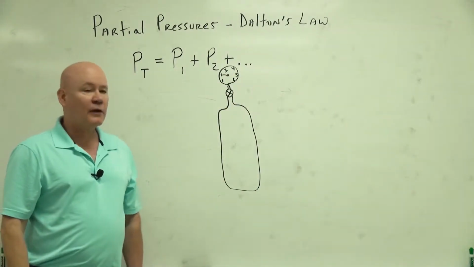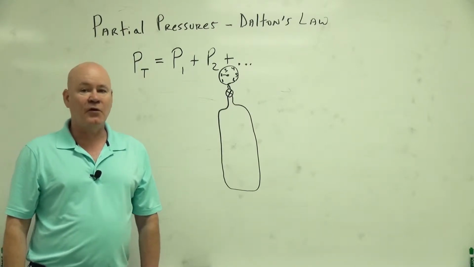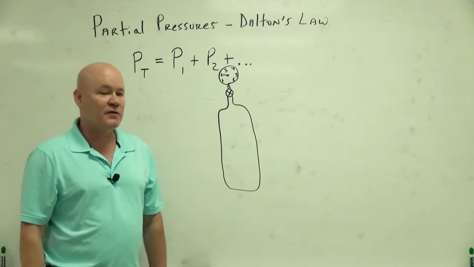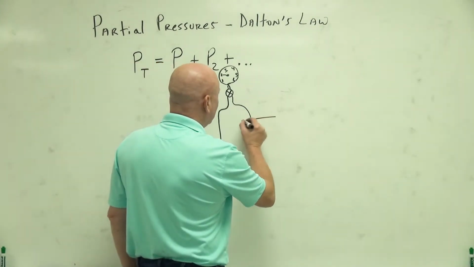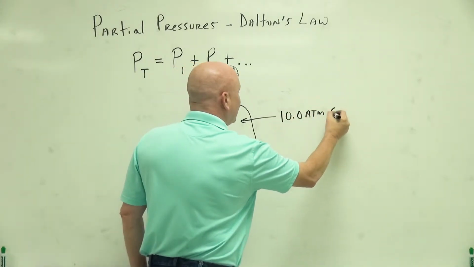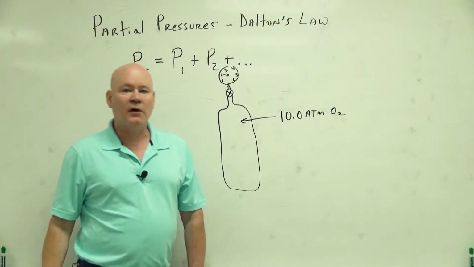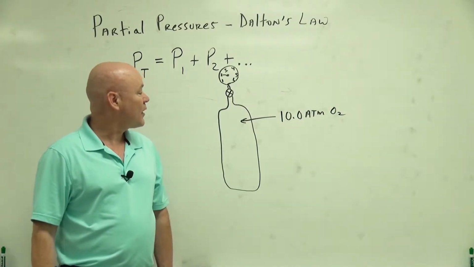Now, in medical gases, oftentimes you want a mixture of gases. And let's say that you want a mixture of oxygen and nitrogen that's not atmospheric. And so the first thing that you might do is you might put 10.0 ATMs of oxygen in there.